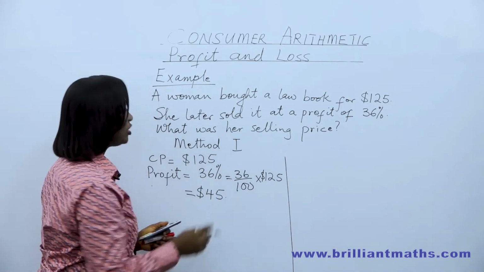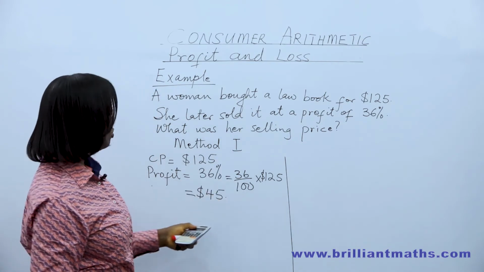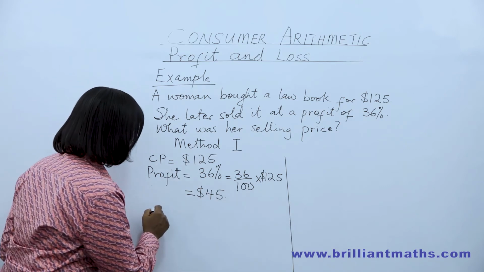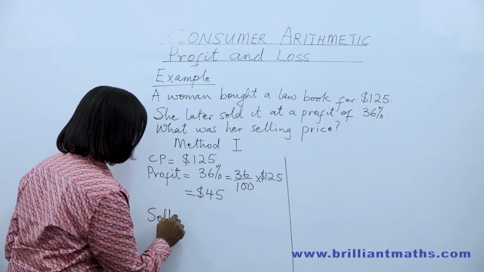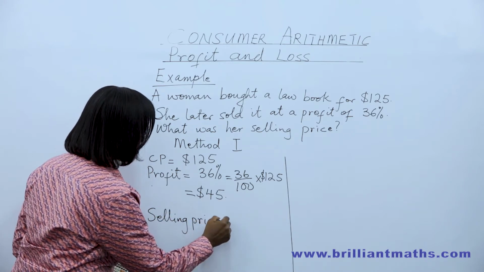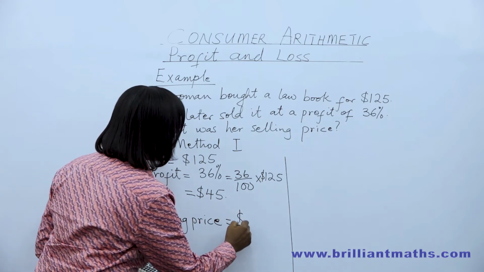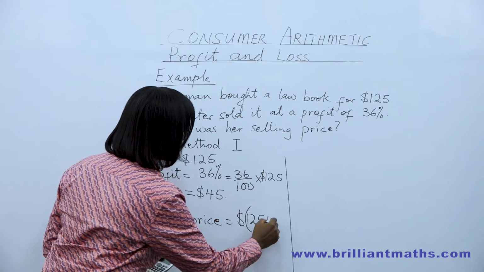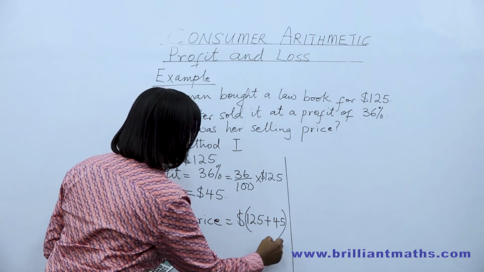So the selling price would be cost price plus profit. So selling price is equal to 125 plus 45.